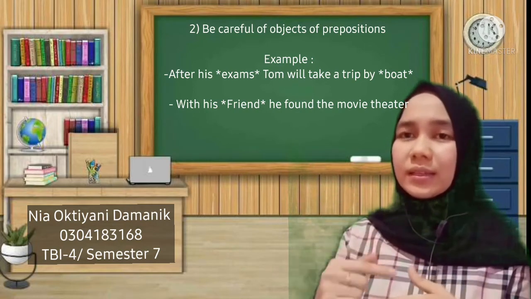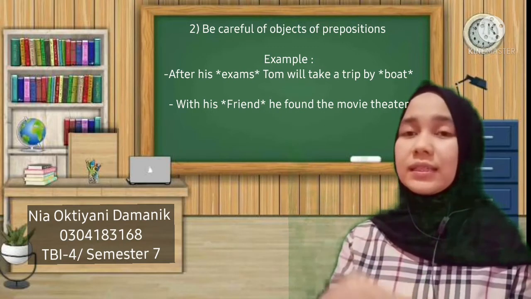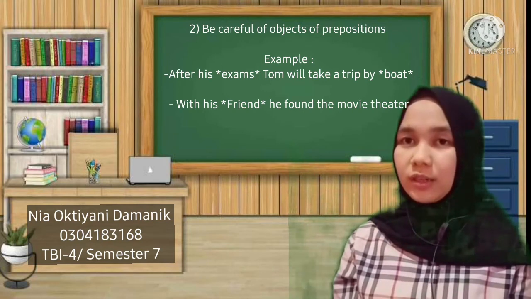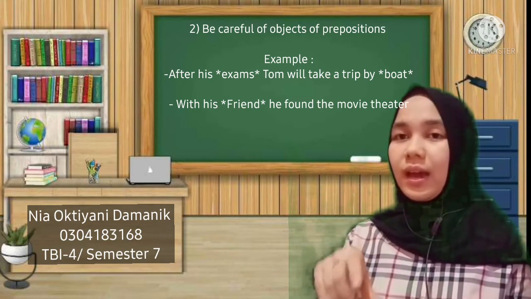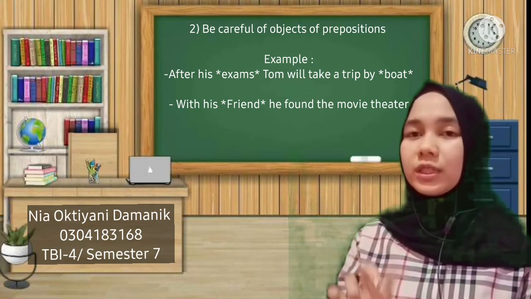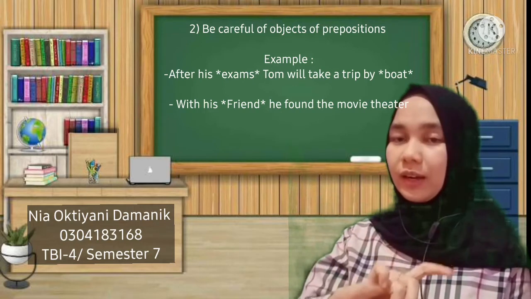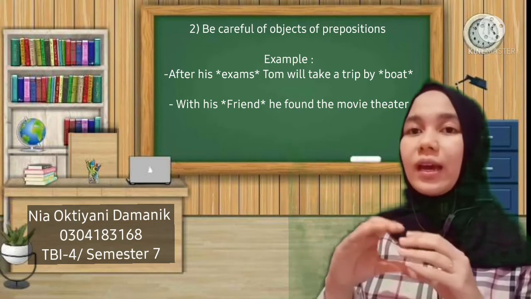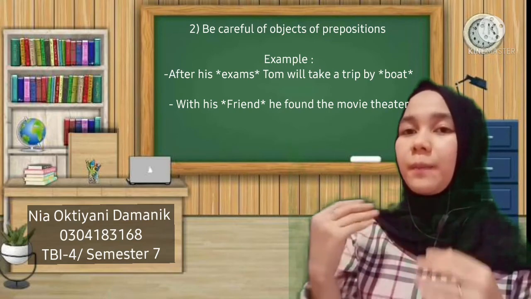From the sentence, we can analyze that the sentence has two objects of preposition. The first is exam. Exam is the object of preposition after. And the second is boat. Boat is the object of preposition by.